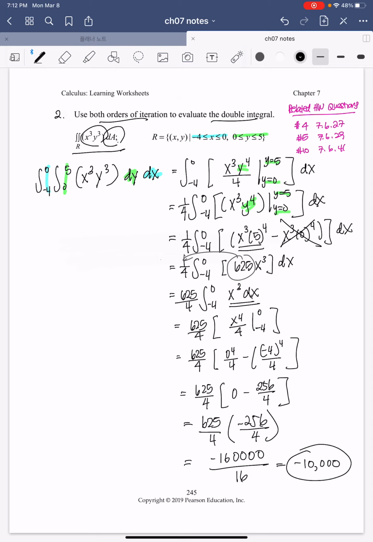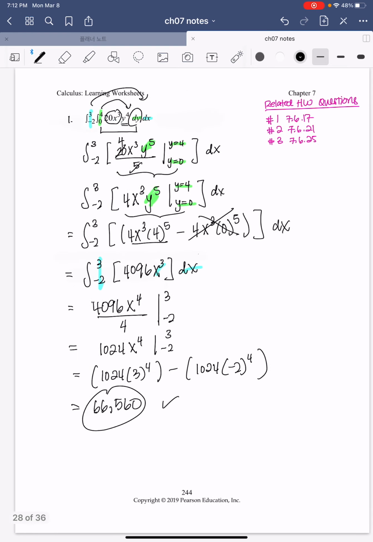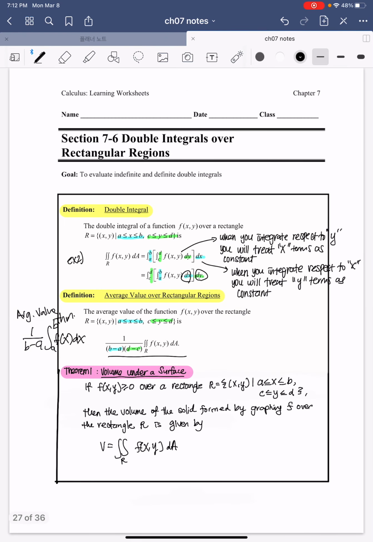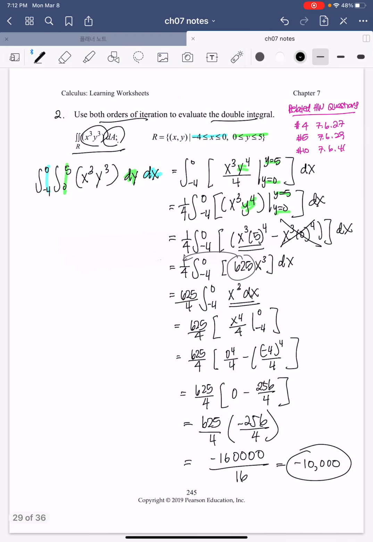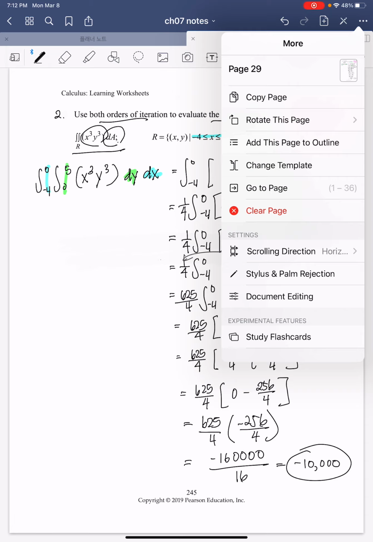Okay? So that's this first definition. So we got this first definition here, -10,000. Now I'm going to switch the order, integrating with respect to x first, and you're going to see that it's going to give you -10,000. So let's check.